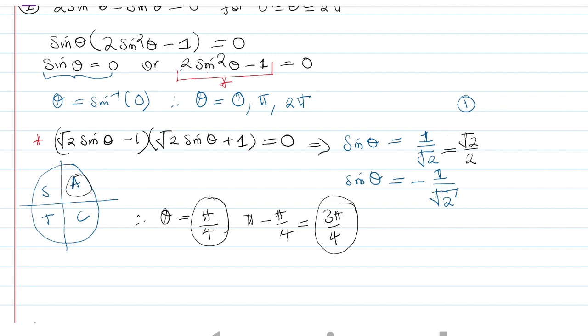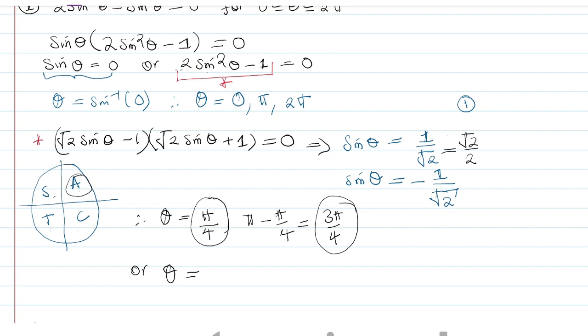Now we are done with sine theta positive, this number, in the first quadrant and in the second quadrant. Or we can say theta is equal to, now we have sine theta is negative, this number. Remember this is the same angle, it's just that this is a negative value, and we know that sine is negative in the third quadrant and in the fourth quadrant.